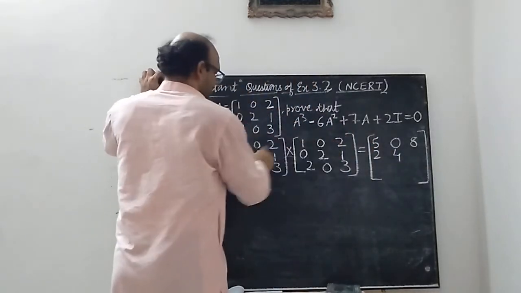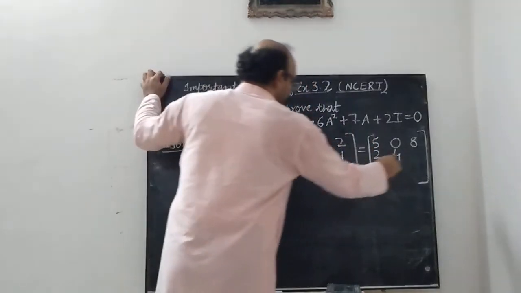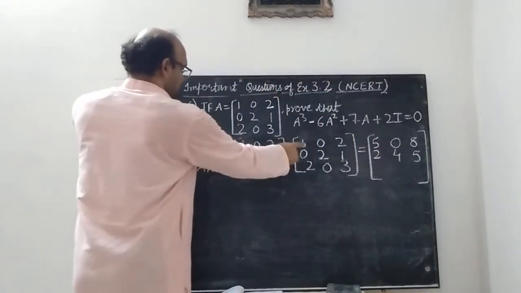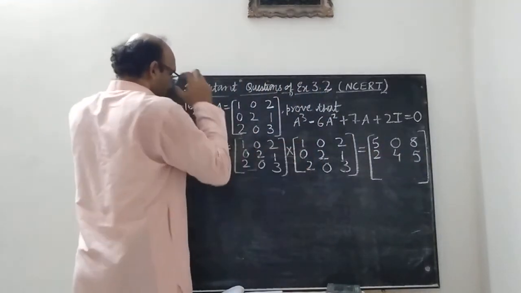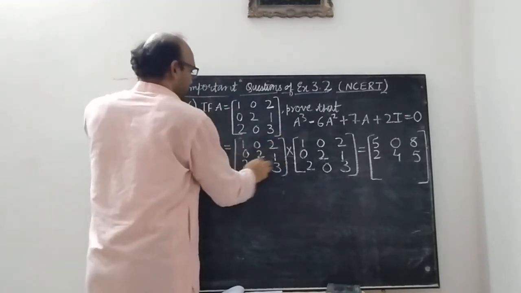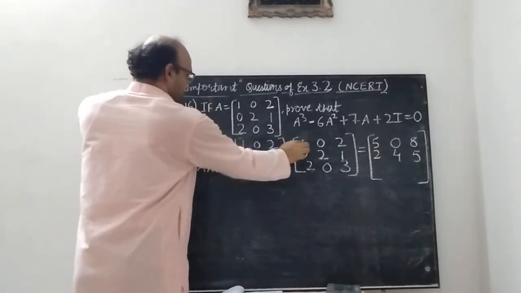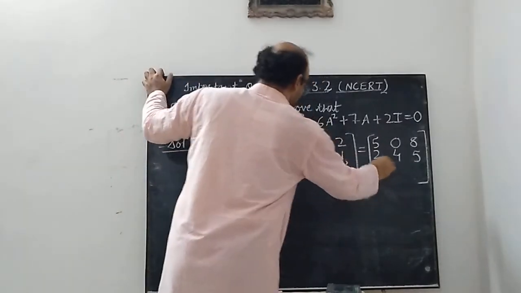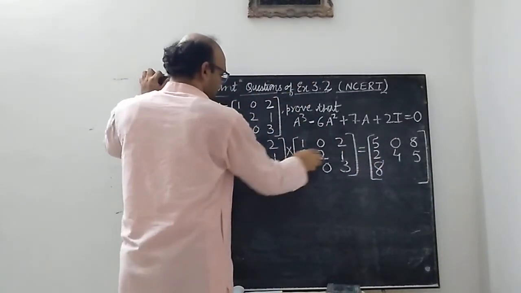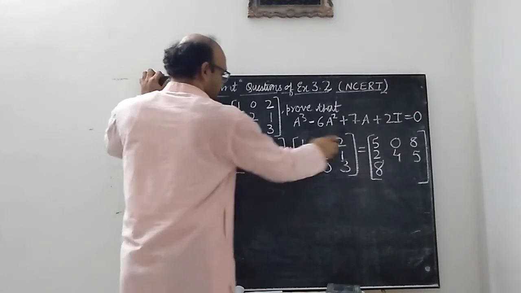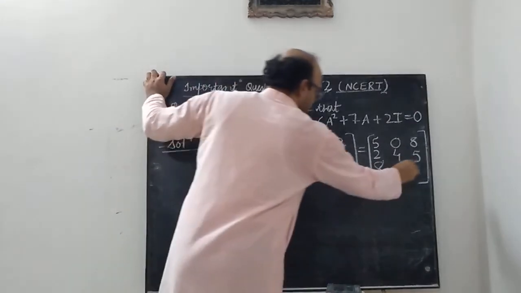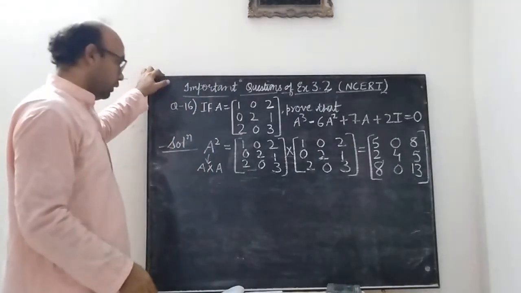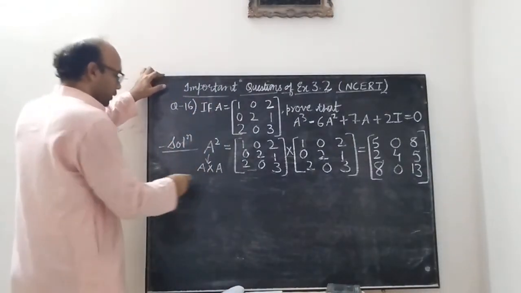This is 0, 2 and 3 is 5, 2, and then 3 to the 6. 2 1s are 2, 0 and 6 is 8. 0, 0 and 0. 4 and 9 is 13 and this is 0. So this is what we are getting, A square.